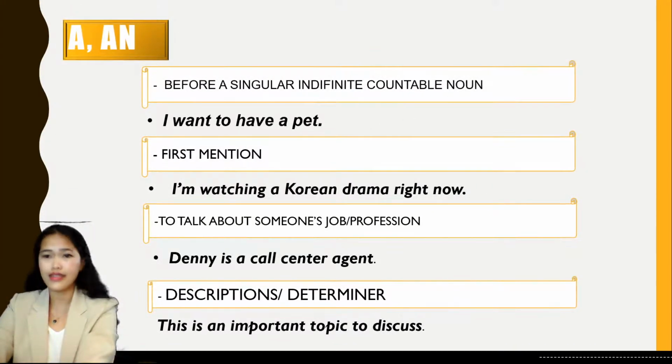Okay, a and an. So these are the uses of the articles a and an. We use a and an before a singular.